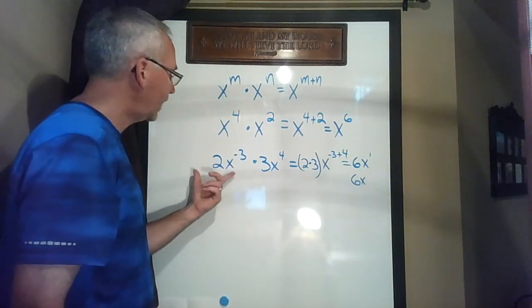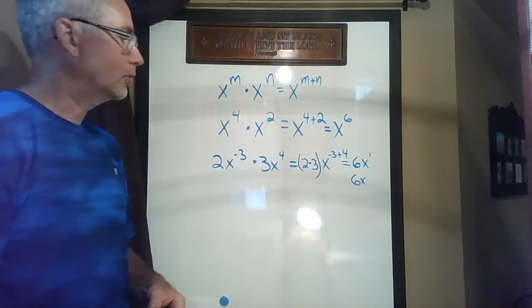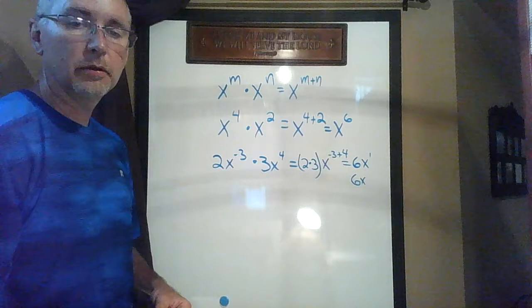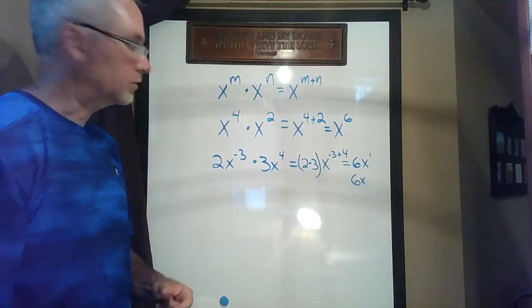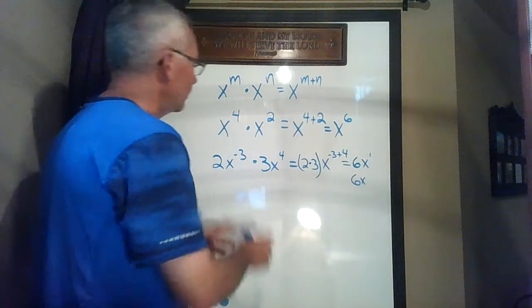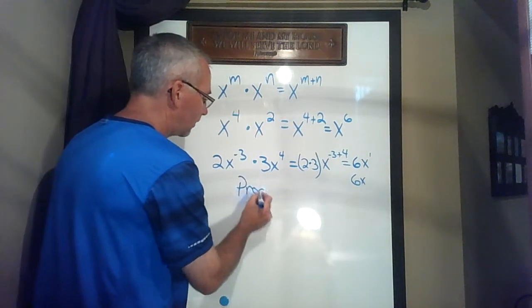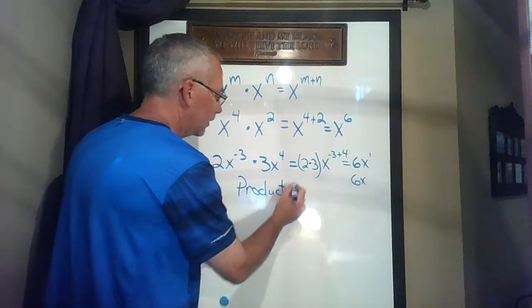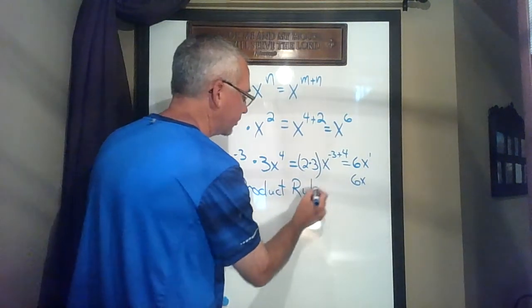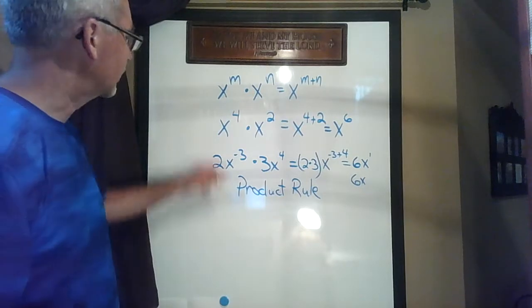So 2x to the negative 3 times 3x to the fourth is really equal to 6x. Hopefully that makes a little bit of sense to you. So what I have is what we call the product rule. And I will be sending home some practice for that. And so hopefully that'll help you to make sense of it.